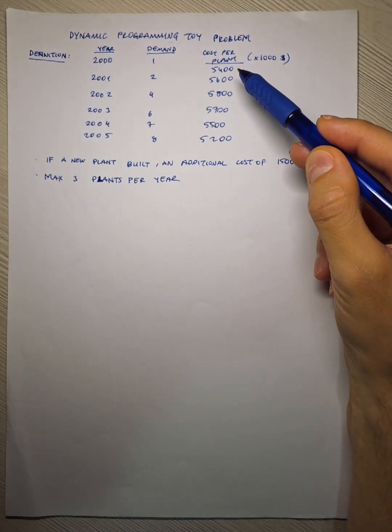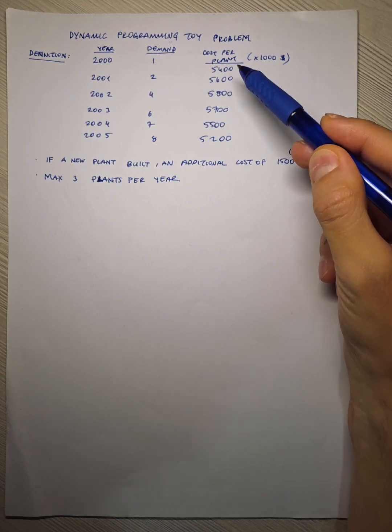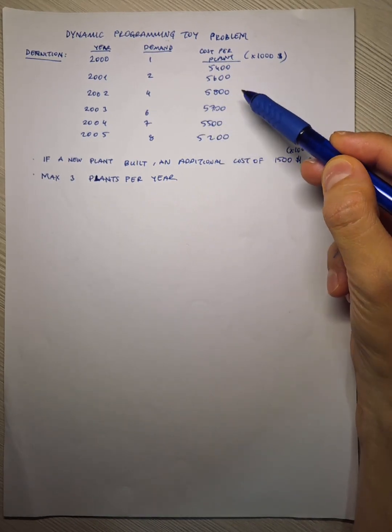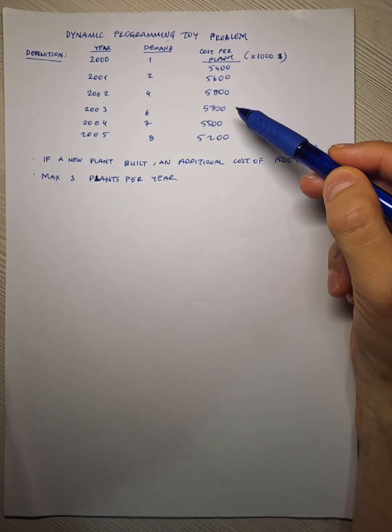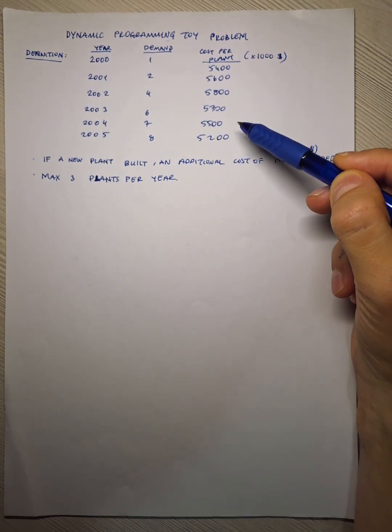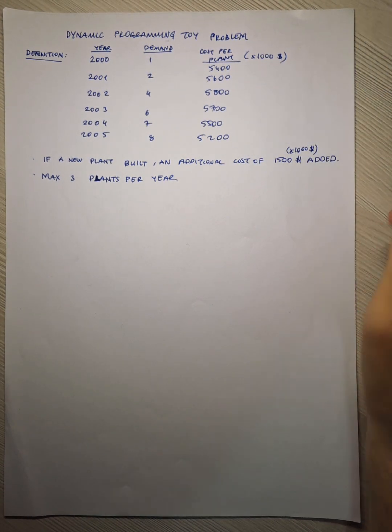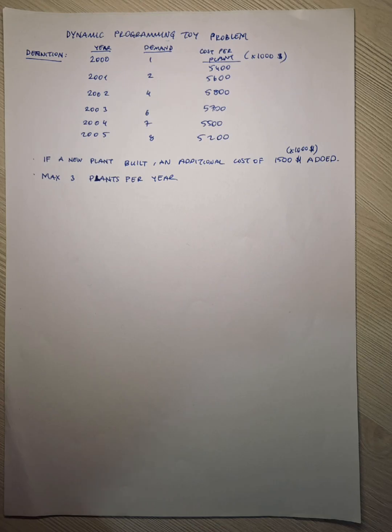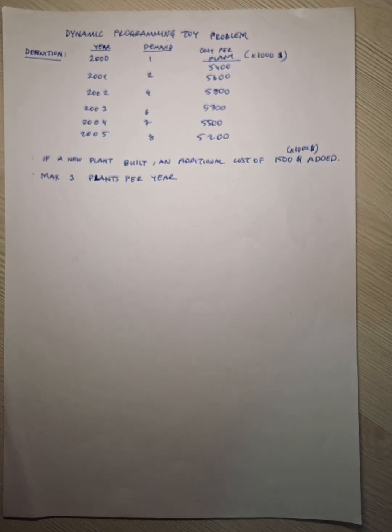So initially the plant cost increases until 2002 because of some electricity crisis. Then, due to the advancement in technology, the price goes lower. So the company should decide how many power plants they should build in the next 6 years.